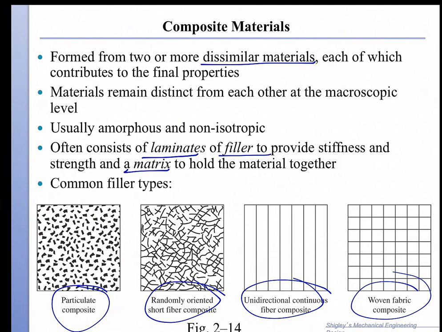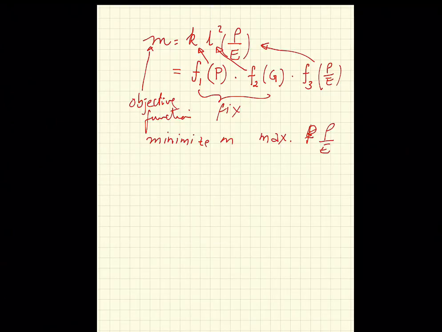This is a class of material that is very useful for many applications, including aerospace, as we will see that a lot of the new aircraft is made of composite. The skin of the wings and the body is made of composite materials because they are lightweight and they have high stiffness.